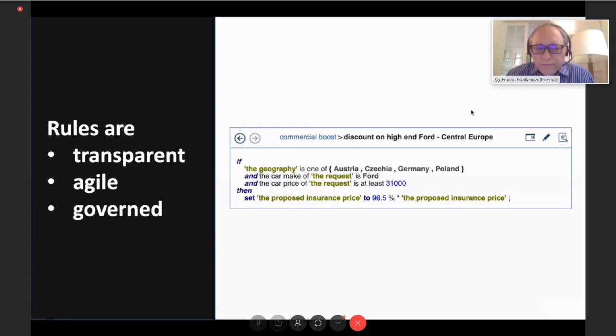And also, the rule base is auditable, meaning when you change business rules, you can figure out who changed the rules, what the change was, etc. So transparency, but also agility. These rules are easy to change, and you don't need to be an IT person to change the rules. And also governed, meaning there is a process to do these changes.